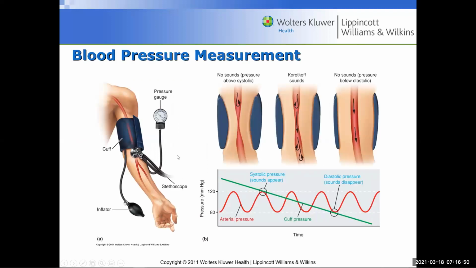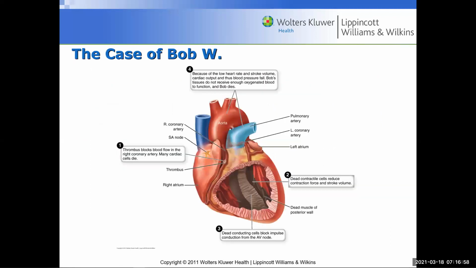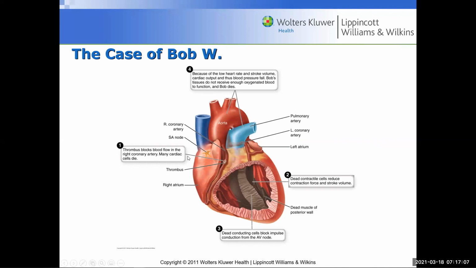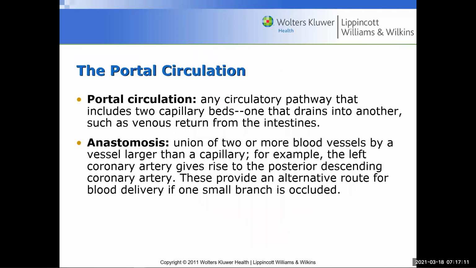Of course, using the sphygmomanometer, you could measure it. And if you find that you have a consistently high reading, this could point to, of course, hypertension. Okay, and this is a case here in terms of Bob, and you could have a look at it when you do have time to review it.